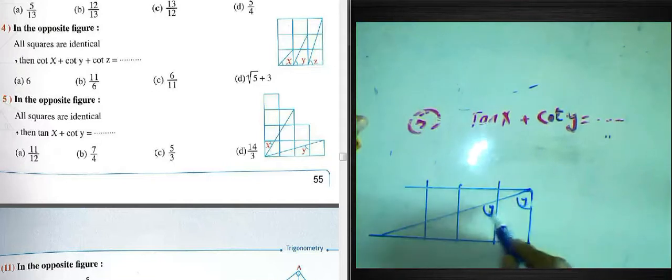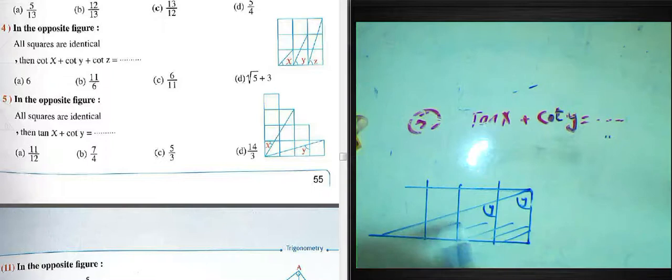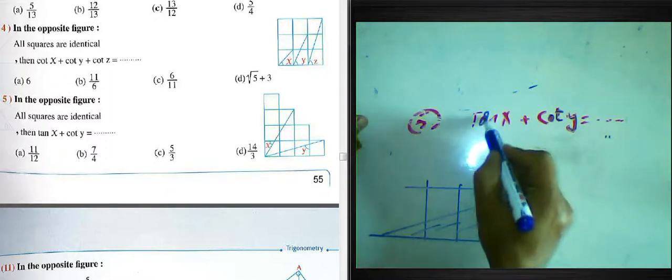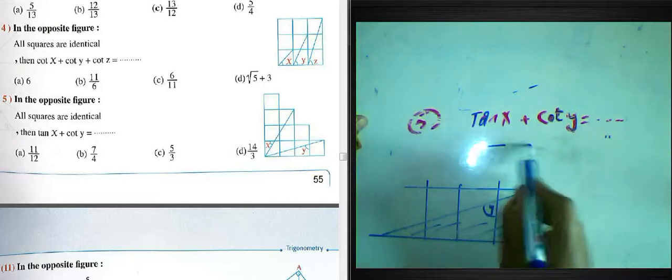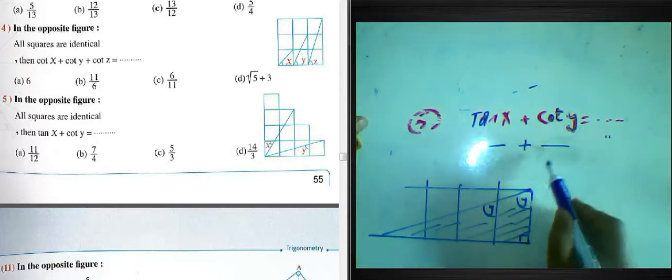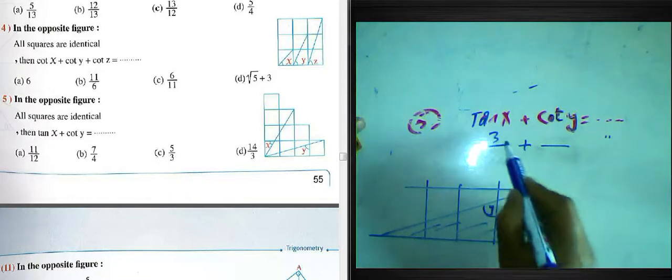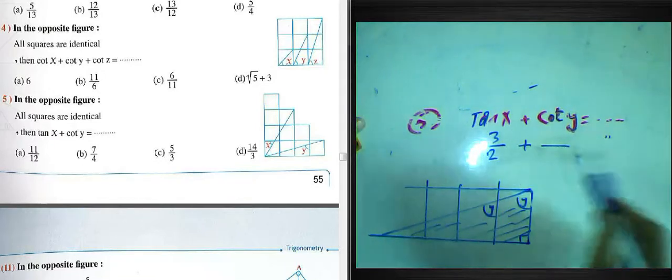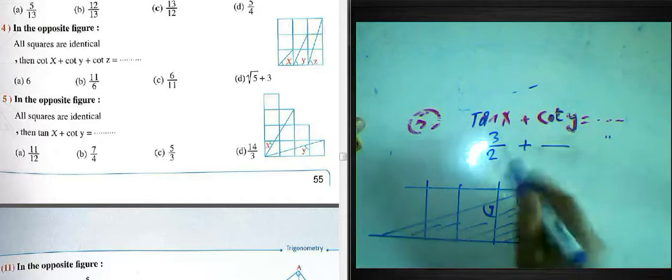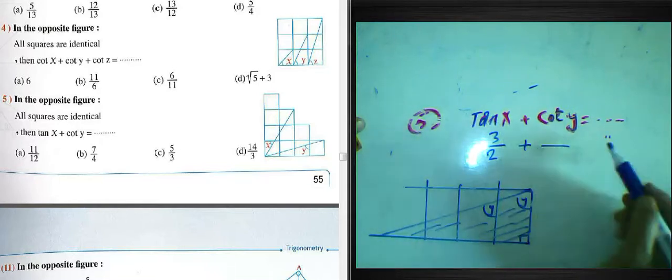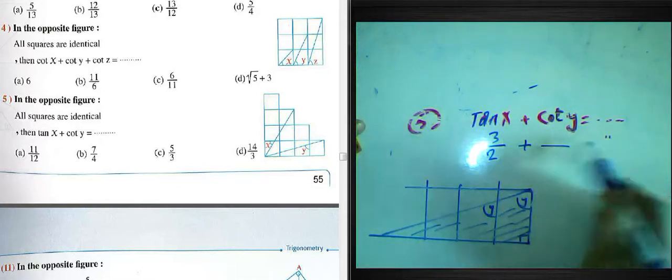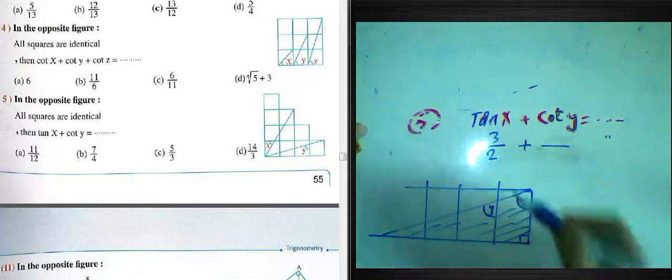This angle equals this angle, so this angle y lies on a right angle triangle. Then we know tan x plus cotan y. Tan x equals 3 over 2, sorry, we resolved it before, 3 over 2. It's tan x, 3 over 2, I explained it earlier, okay?